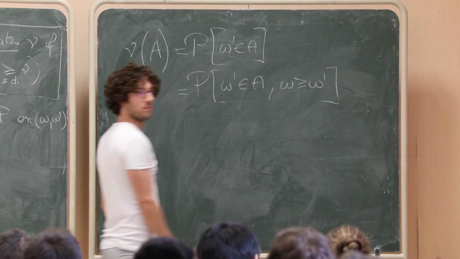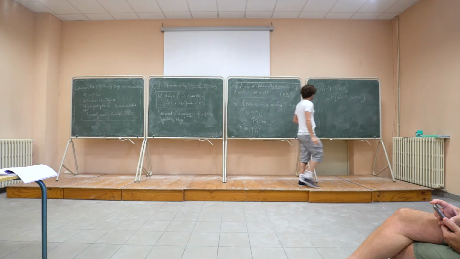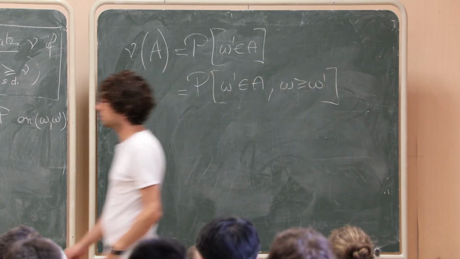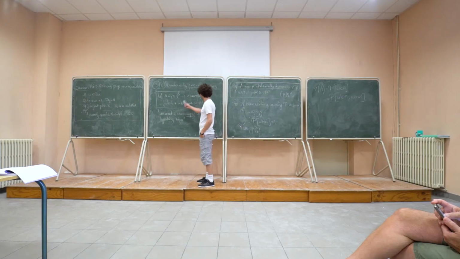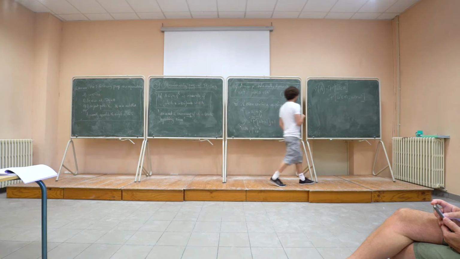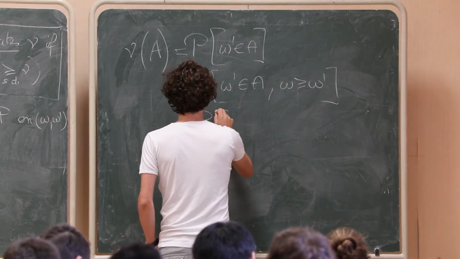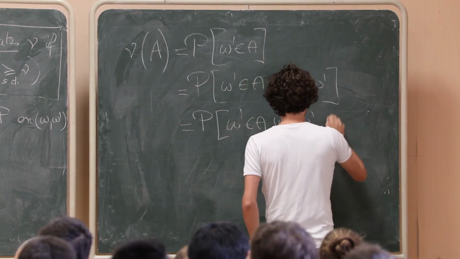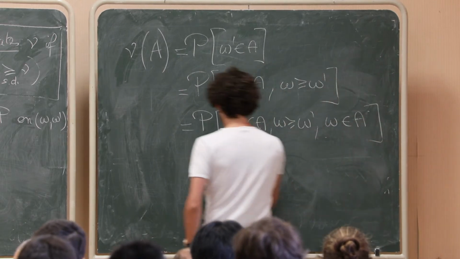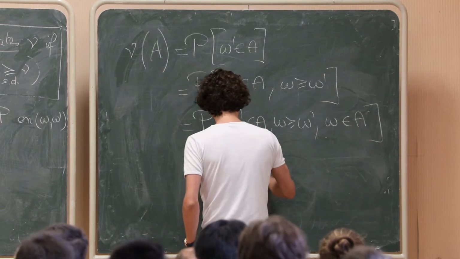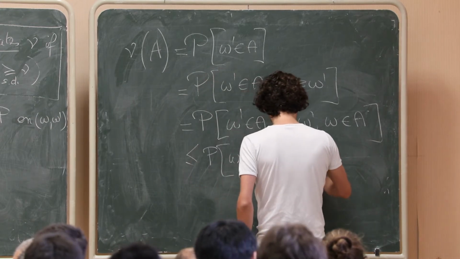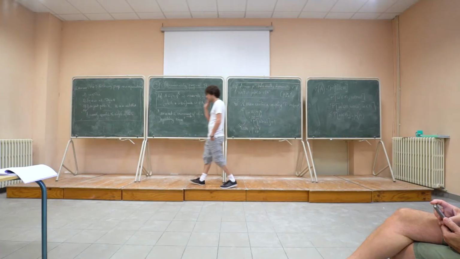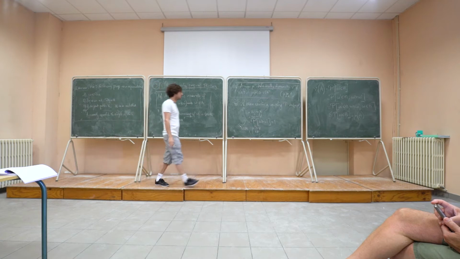It's the same probability. But now if omega prime belongs to A and omega is larger or equal to omega prime, by reversing what I just wrote, it tells me that omega is in A. So I can add omega belongs to A, and therefore this is smaller than the probability that omega belongs to A, which is mu of A.